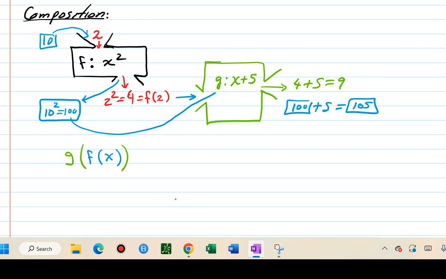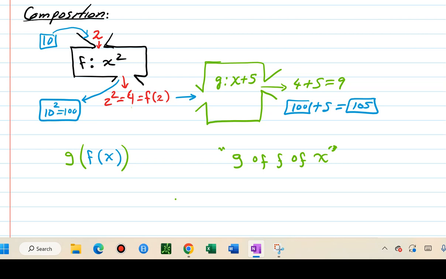So there I have g of f of x. That's how we read this. Keep in mind again, the inside function was executed first through the first machine, and the outside function was the second one, due to the second machine.